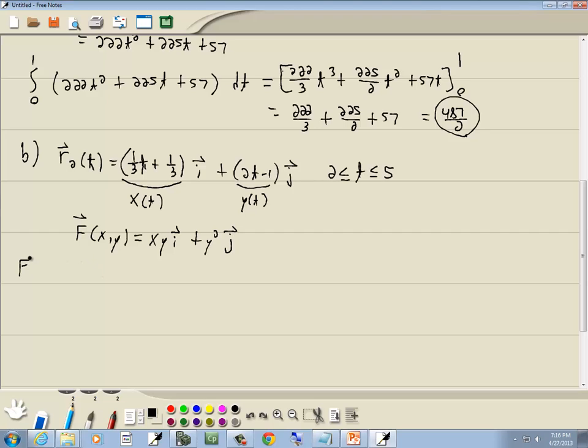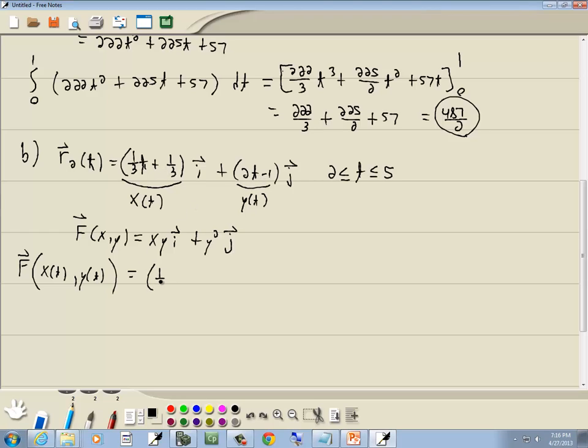And what we're doing is plugging in the x of t and y of t. So I'm going to be putting x of t in here and y of t in here. We'll plug this in everywhere we have an x, plug this in everywhere we have a y.